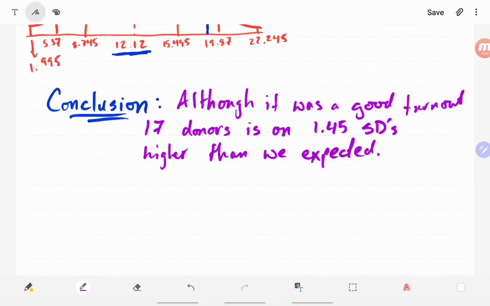This could have just been random chance. This could have happened by chance.